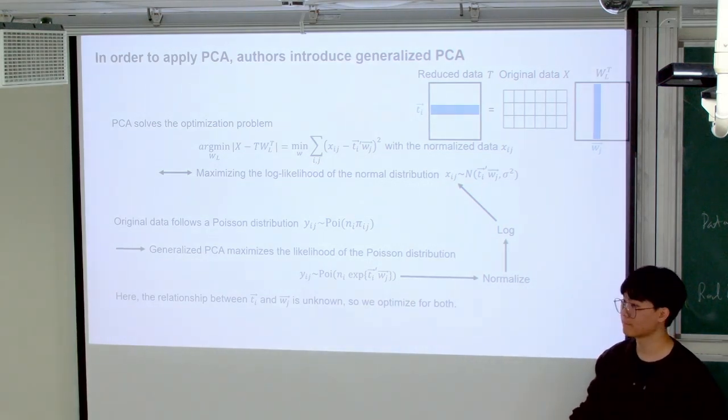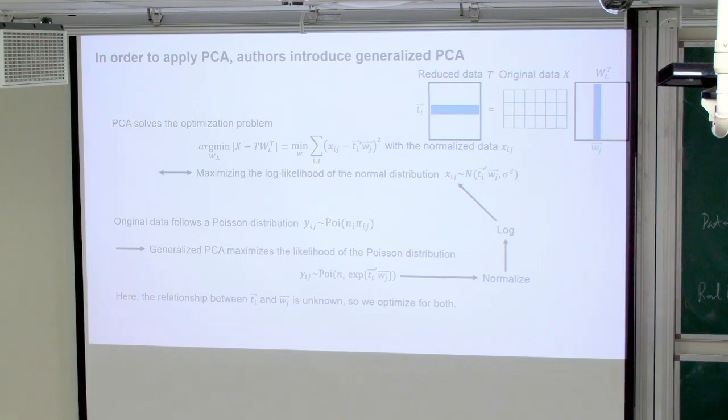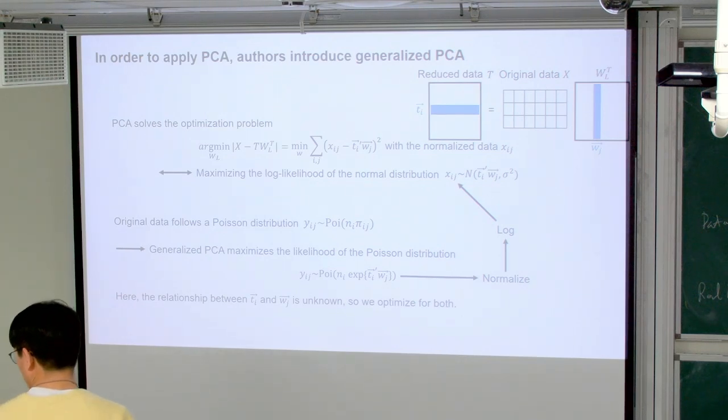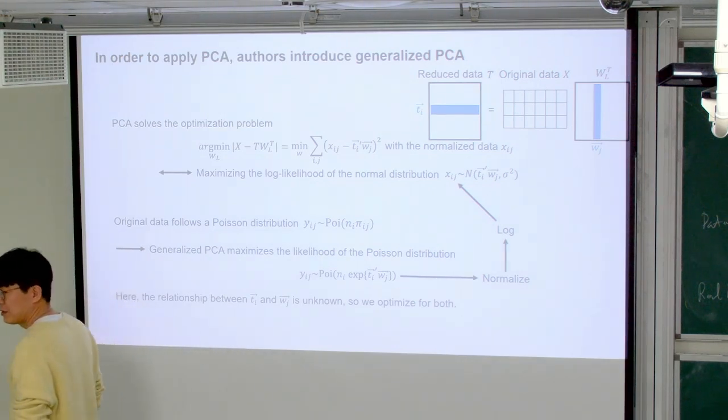So if you obtain the T and W and the loading value U, the importance of the variance of each PC could be obtained from T. So maybe here, rather than singular values, you can measure how the likelihood increases as we increase the principal components. Then if that's saturated, we can stop.